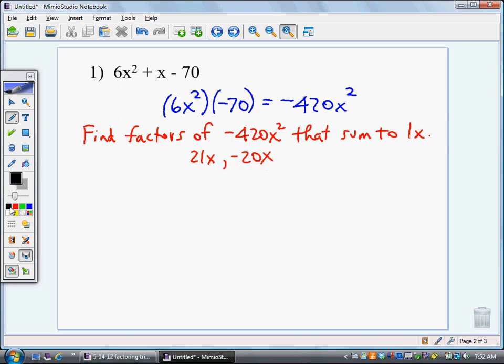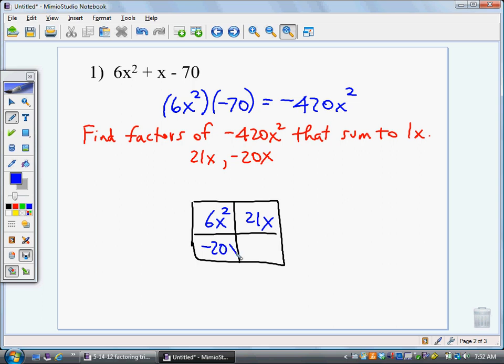And you make your box. And just fill in 6x squared, 21x, negative 20x, negative 70. Find all the common factors. Okay, the top row is 3x, the bottom row is negative 10. The left column is 2x, and the right column is 7.